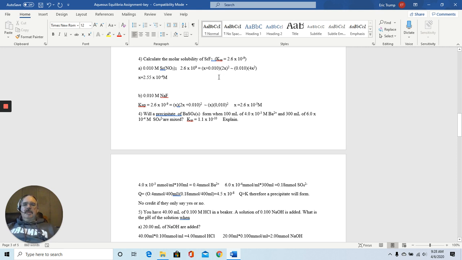We can assume that in this term, the X is going to be small, so this simplifies to 0.010 times 4X squared. So we divide both sides by 0.010, we divide both sides by 4, we take the square root, and X is 2.55 times 10 to the minus 4th.